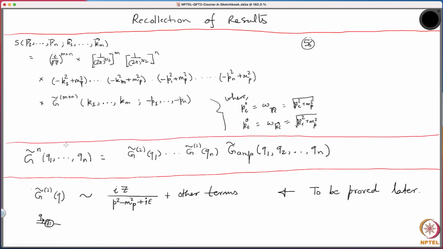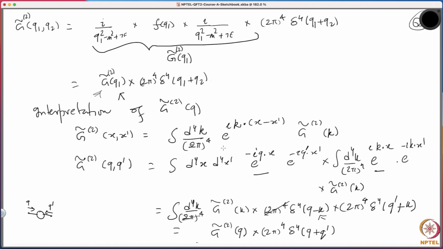We also analyzed what g tilde n is, and we saw that in general we can write it as a product of 2-point functions, g tilde 2 q1 to g tilde 2 qn, so for each leg, times the amputated Green's function, where this g tilde of q I had defined here.